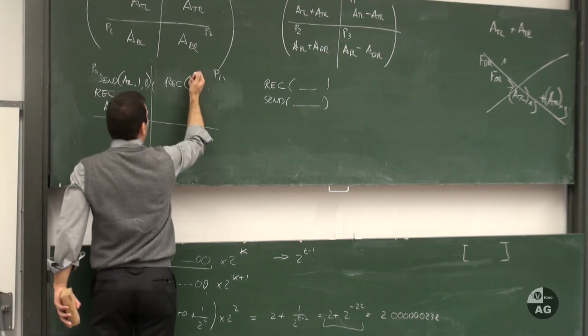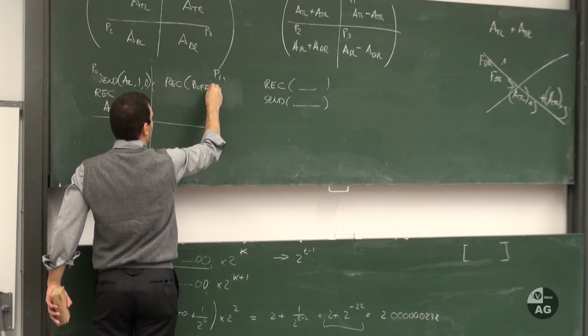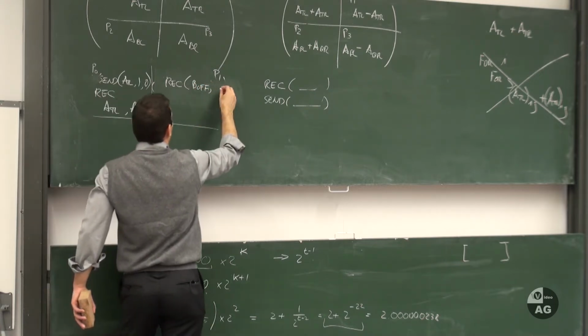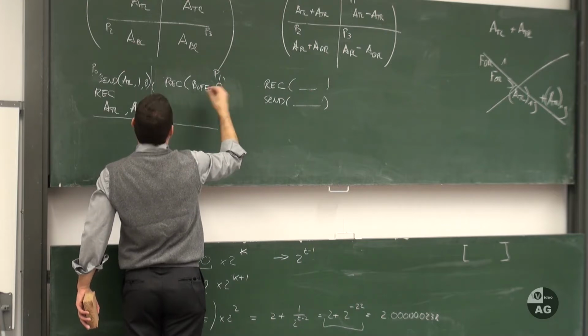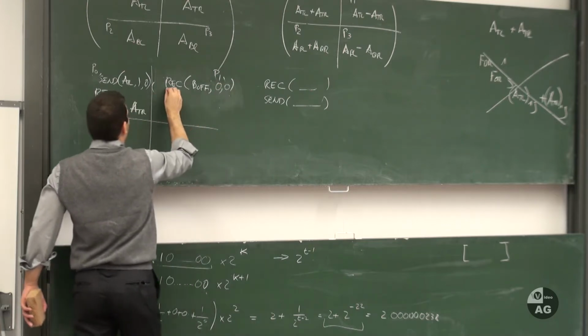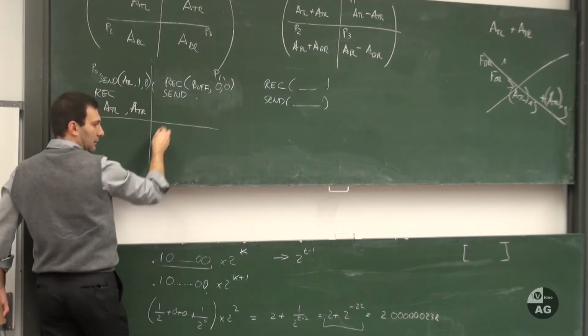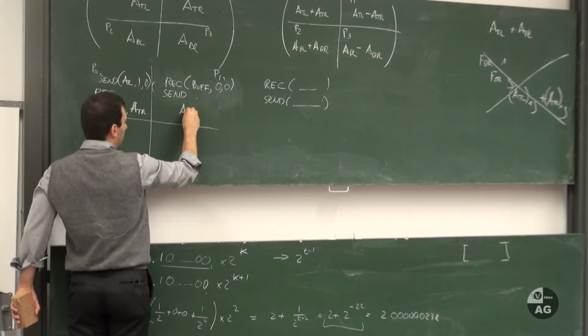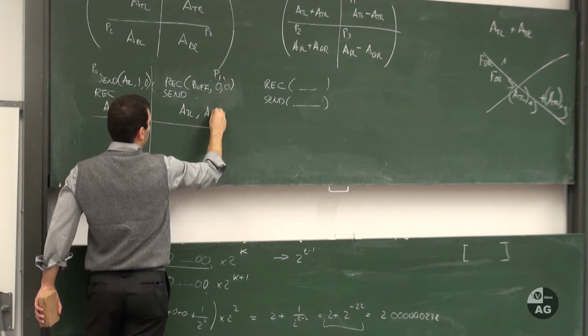Okay, so let's say it's buffer, and I receive from 0, the tag is 0. Okay, and then I send. Moral of the story: this one also has A top left and A top right.